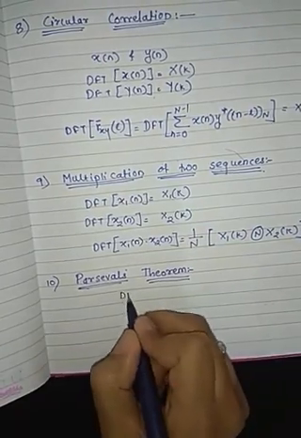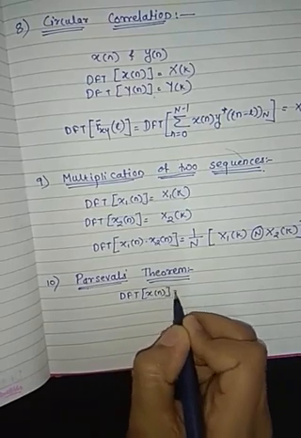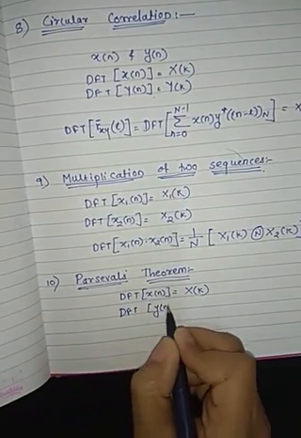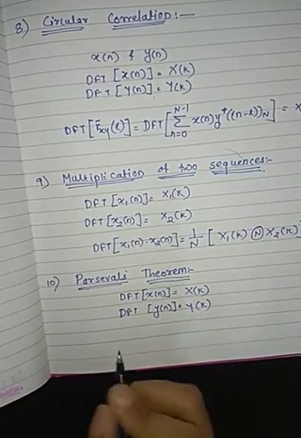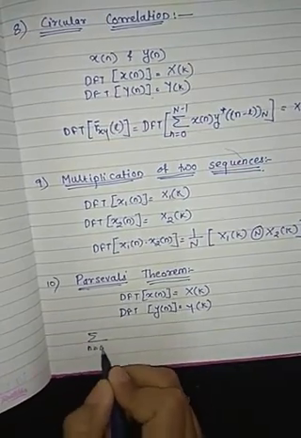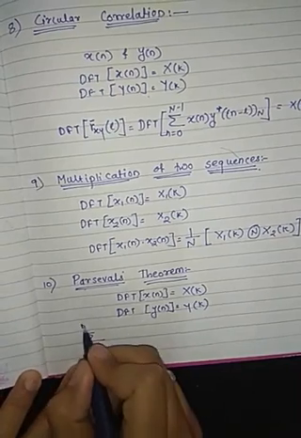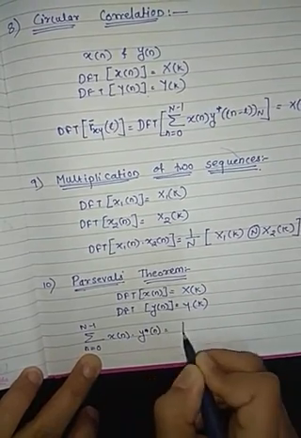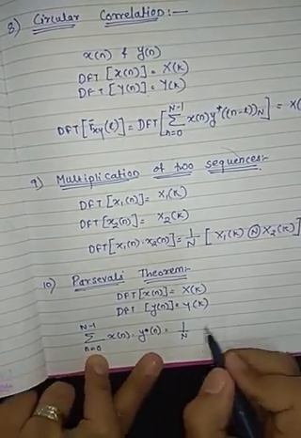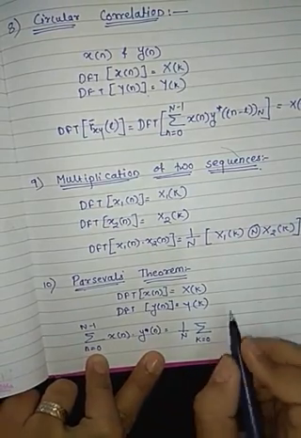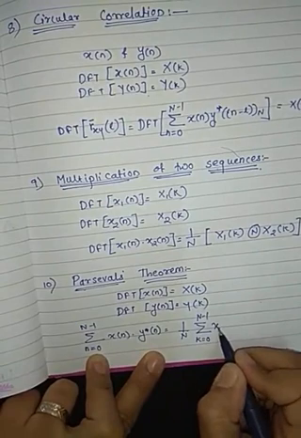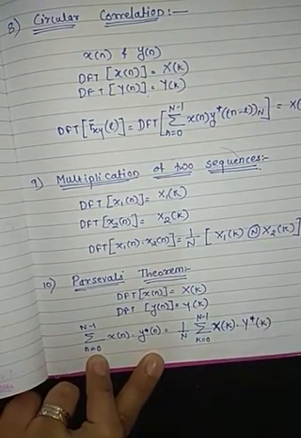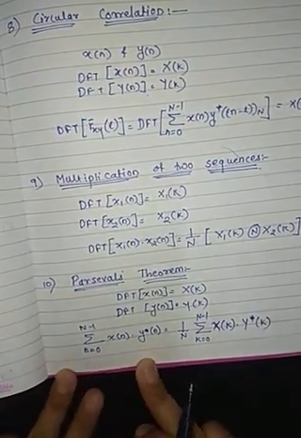It states that if the DFT of x of n is X of k and the DFT of y of n is Y of k, then the summation from n equal to 0 to N minus 1 of x of n into y star of n is equal to 1 upon N times the summation from k equal to 0 to N minus 1 of X of k multiplied by the complex conjugate of Y of k. This is Parseval's theorem.